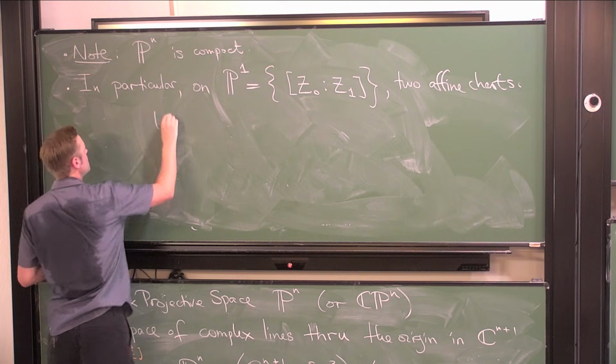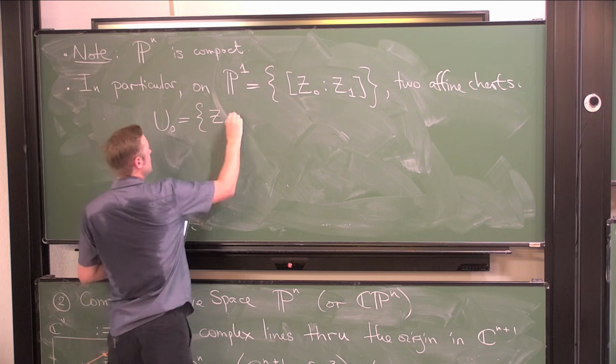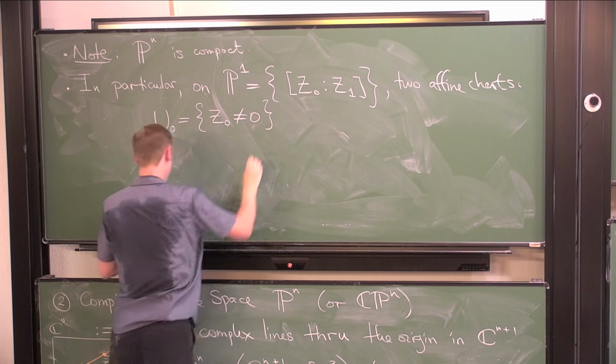There's U0, which is the place where Z0 is non-zero.